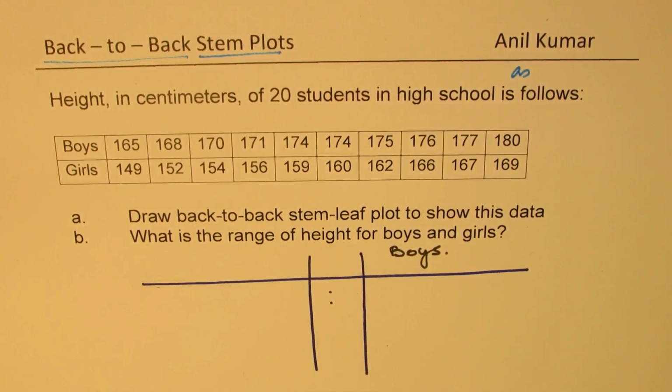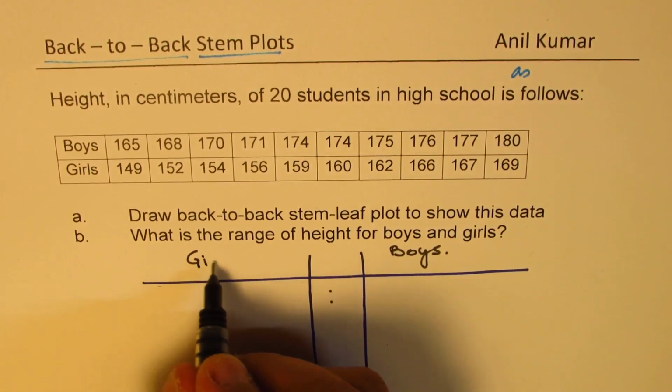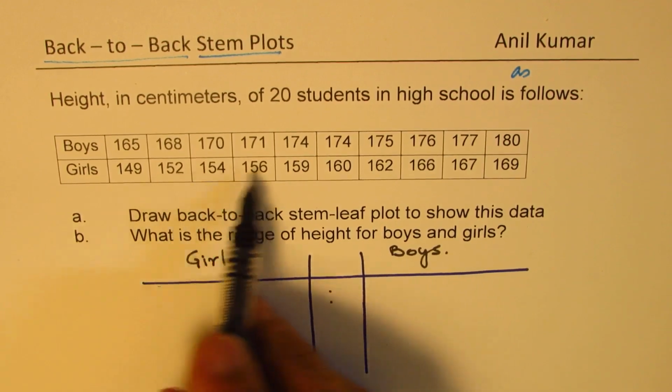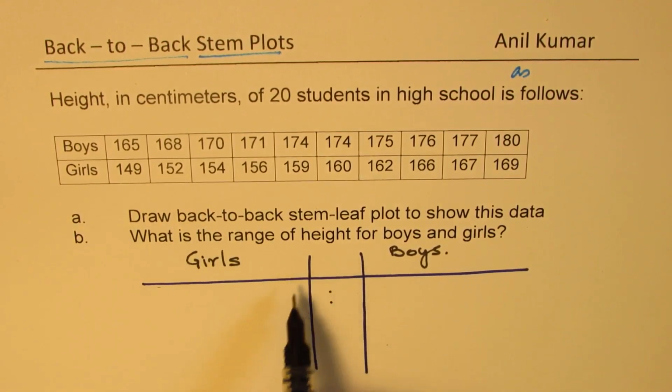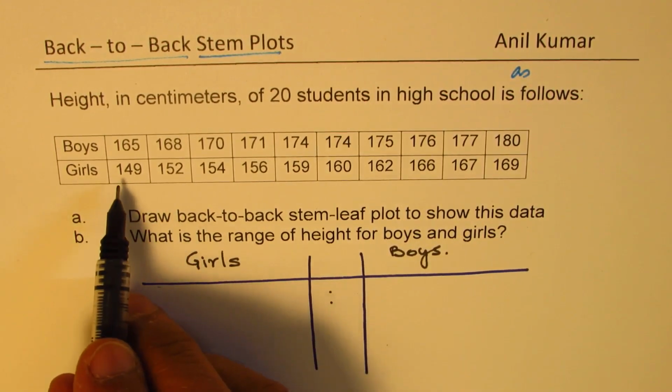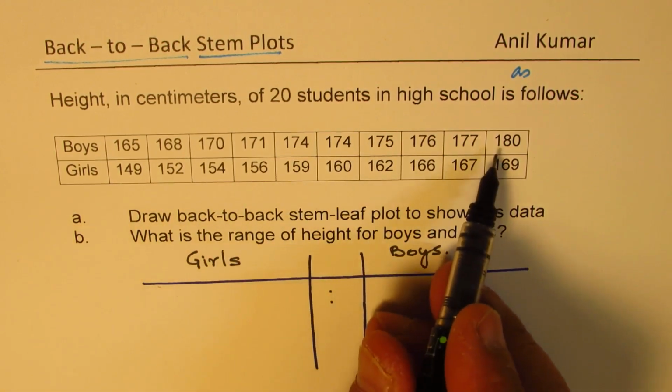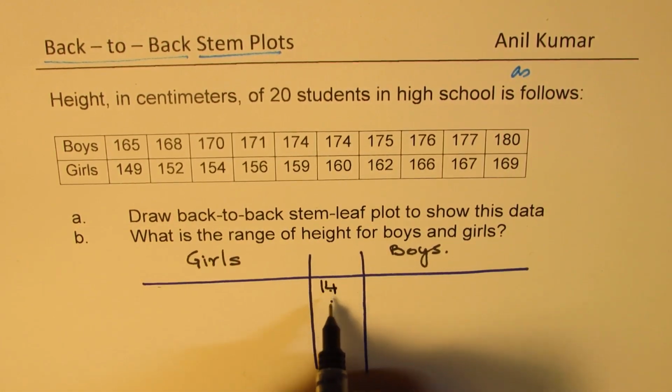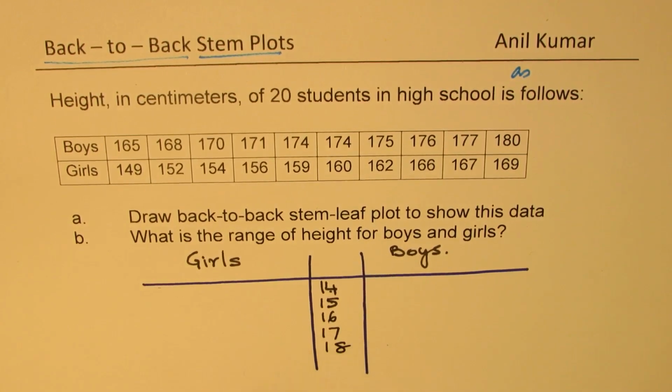So the idea here is to plot boys data on the right side and the girls data on the left side. So keeping that in mind, the group in the center, I'll place this with 14, 15 to 18, right? So I'll write here 14, 15, 16, 17, 18. Correct?